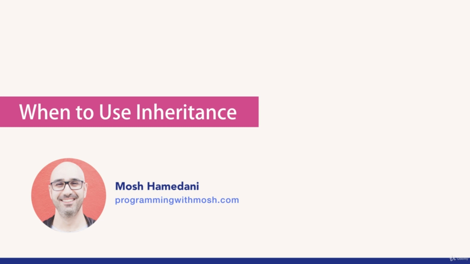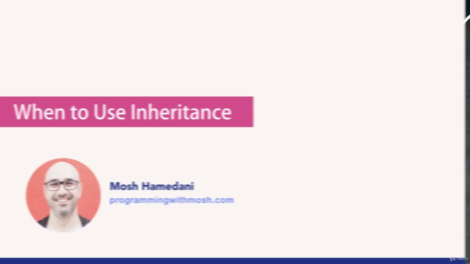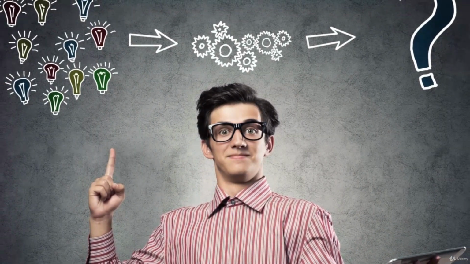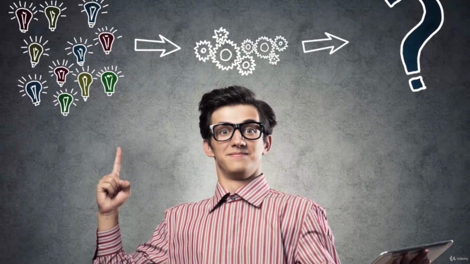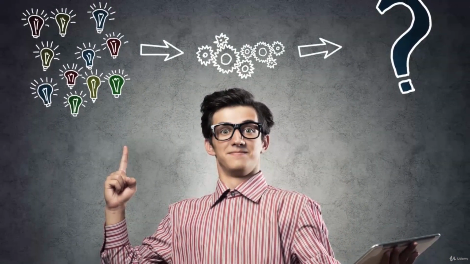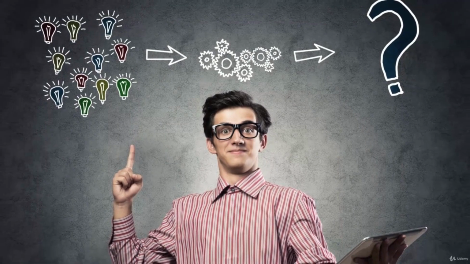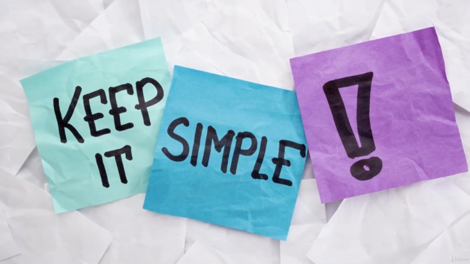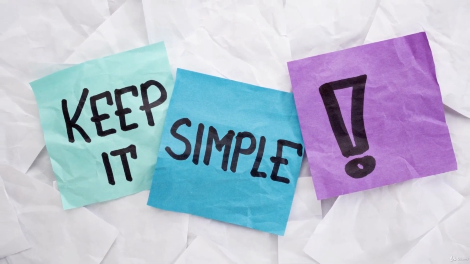So you have seen inheritance and polymorphism in action. While inheritance is a great tool for solving the problem of code reuse, you have to be really careful about using it because it can make your source code complex and fragile. So don't use inheritance just for the sake of using it, especially in small projects. As I've always emphasized in all my courses, keep it simple and stupid.